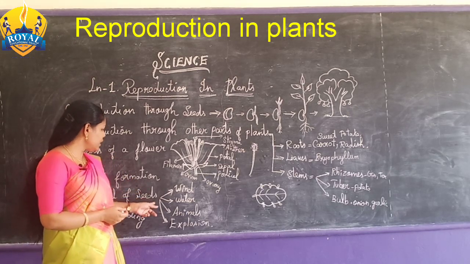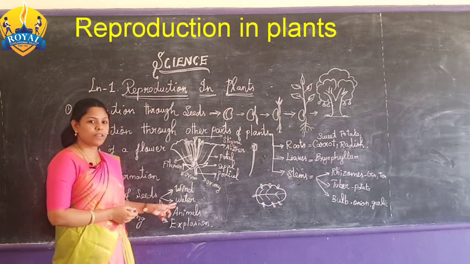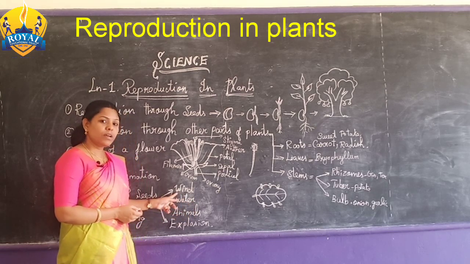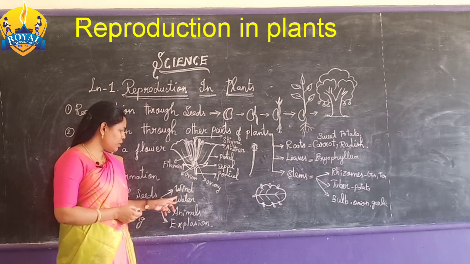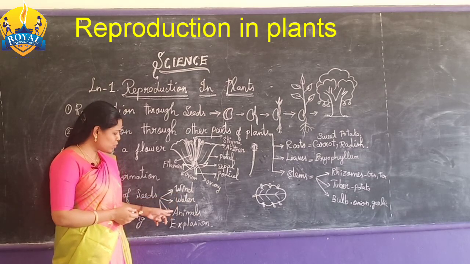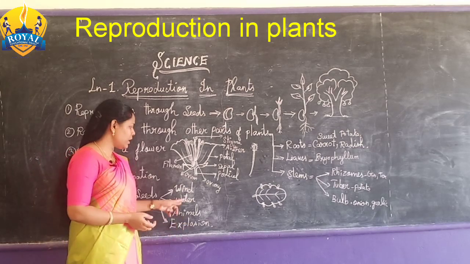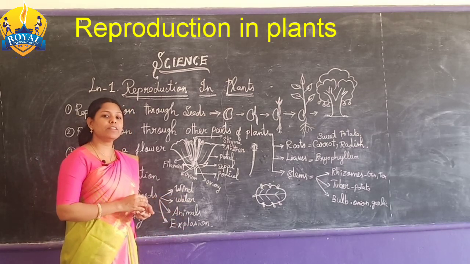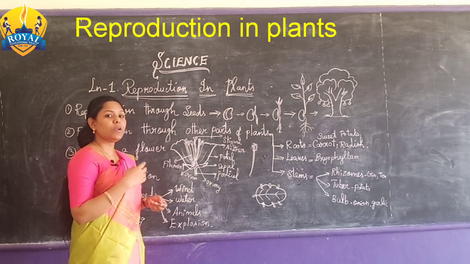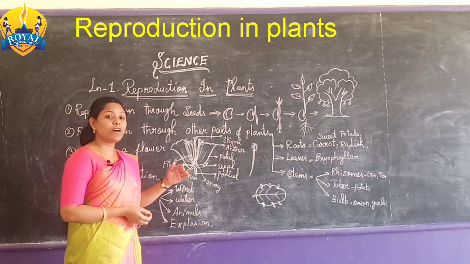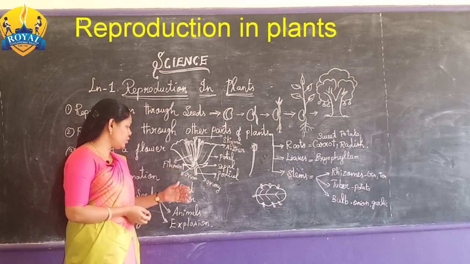The dispersal of seeds is done in four ways: by wind, by water, by animals, and by explosion. The wind carries seeds far away from the plant, and there it will fall and give rise to a new plant.